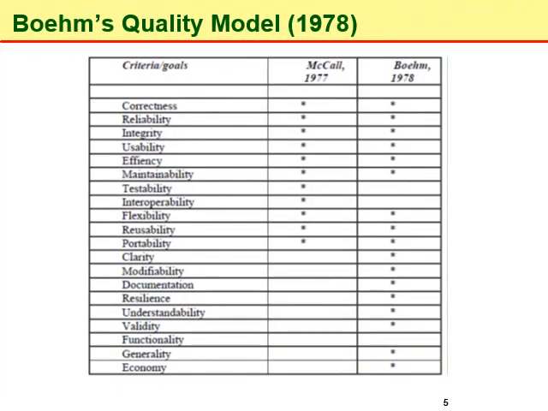Here we see a comparison of the Boehm's model with the McCall's model. Though Boehm's and McCall's model might appear similar in some respects, the difference is that McCall's model primarily focuses on the precise measurement of the high-level characteristics, whereas Boehm's quality model is based on a wide range of characteristics with an extended and detailed emphasis on primarily the maintainability characteristic.